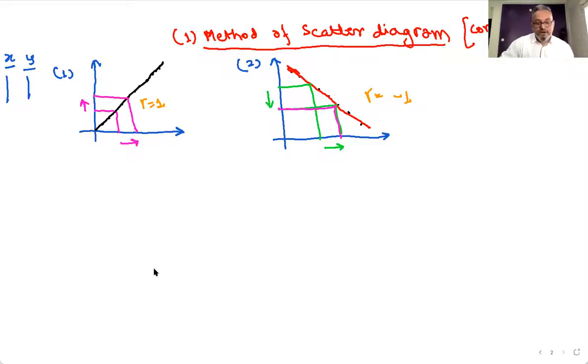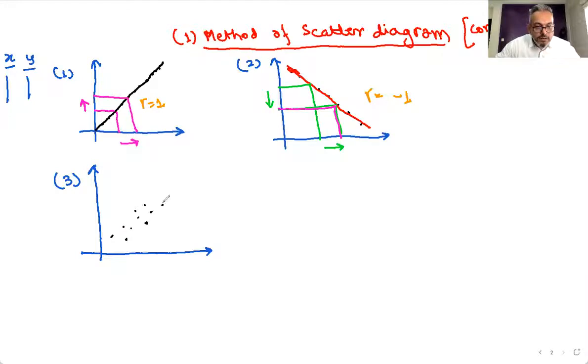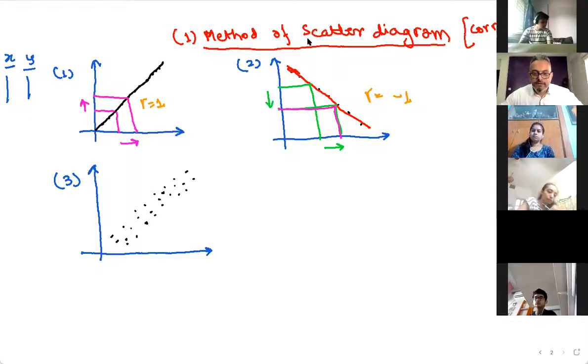But the whole problem arises when we go for the third possible graph. In this case, what happens? We have again y-axis and x-axis. Now, when we start plotting over here, we get plots like this. Now, here, can we draw a straight line connecting all the dots?